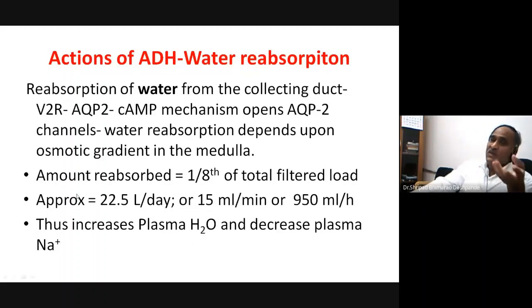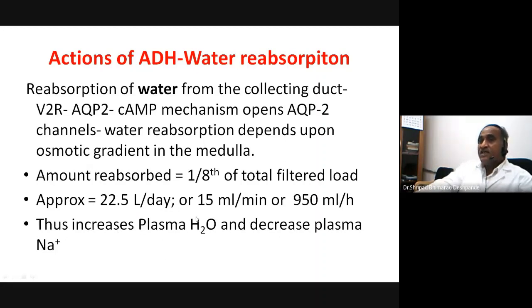Okay, so there is one more term used here. It is free water clearance, because water is without any conditions. There are no conditions. Only water is being cleared or being reabsorbed. So this free water clearance depends upon the ADH.